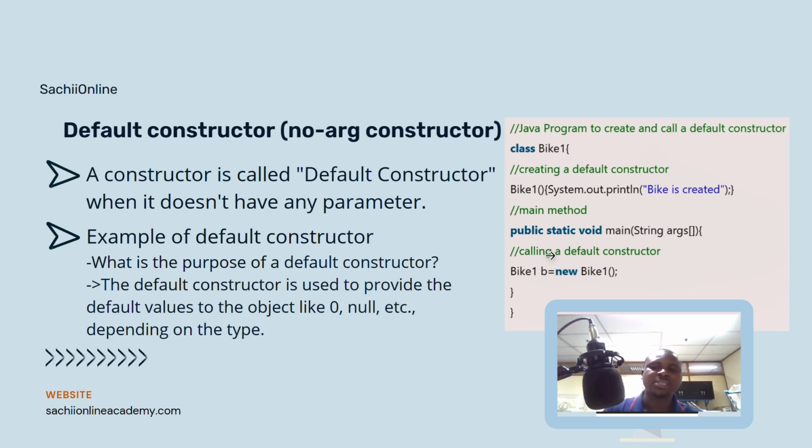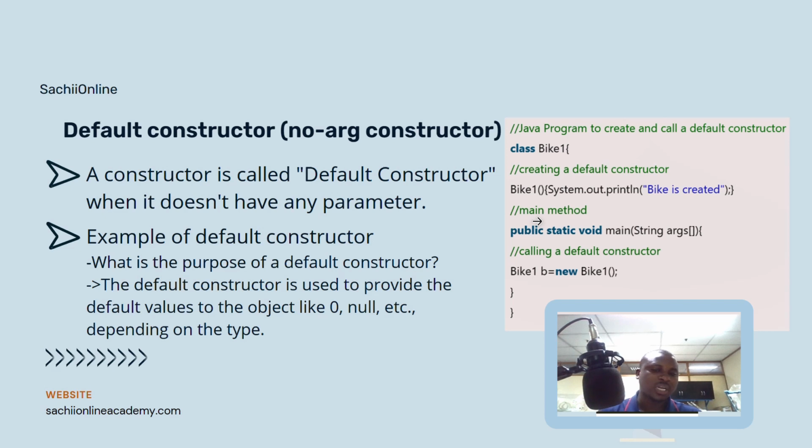If you look at it, it's just like other methods, only that it doesn't take any parameter, its name is the same as the class, and it doesn't return anything. So you do not see any void here or any public. So what is the purpose of a default constructor?